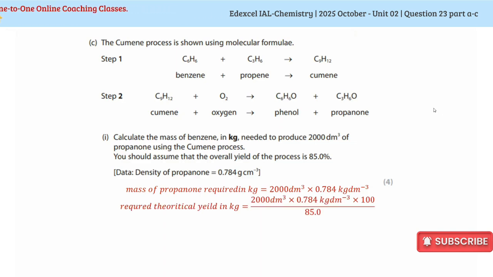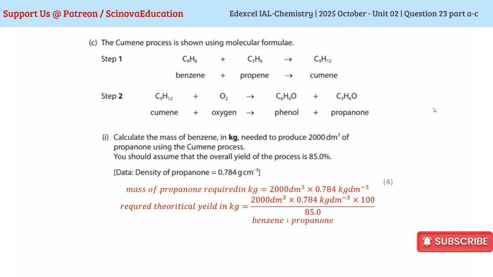Then, since the yield of the process is 85%, to get that mass we have to produce more. So to find how much exactly, we can multiply the mass required by 100 and divide by 85.